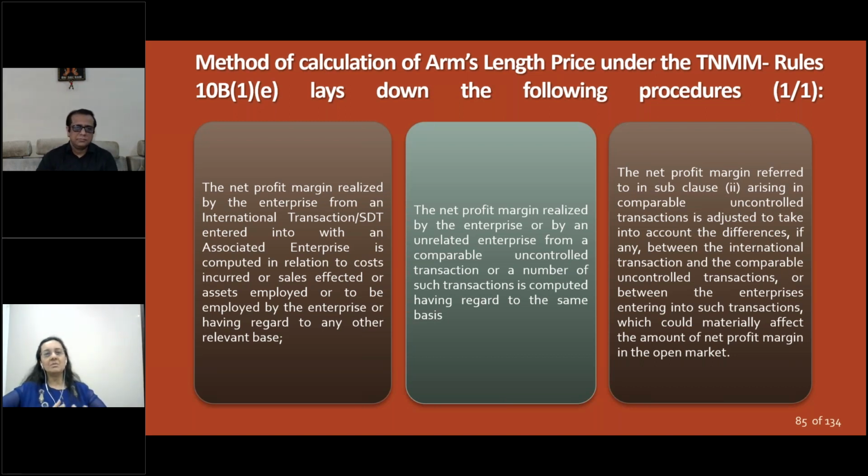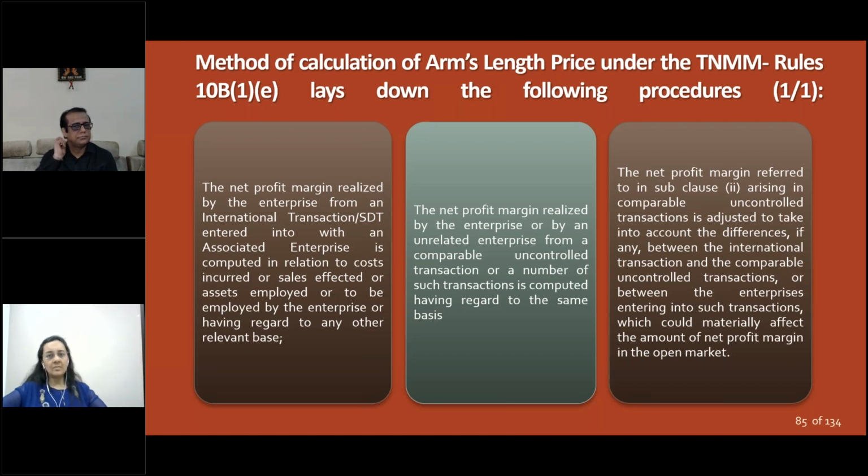For example, let's say I'm a manufacturing entity. I source some critical raw material from one AE. I get technology from another AE. That raw material and technology I then use in India, and I localize my production in India and sell my goods to Indian customers in India.